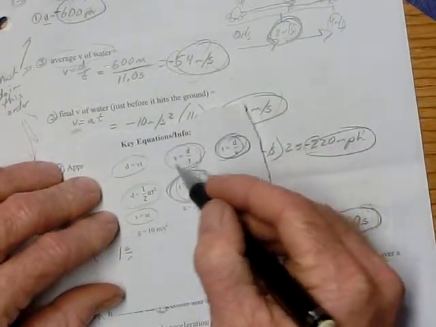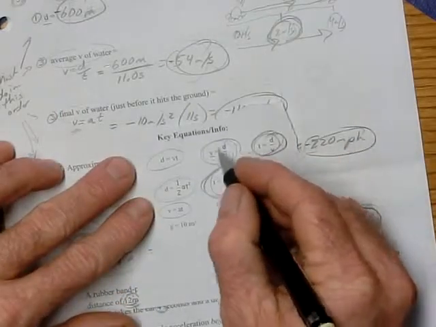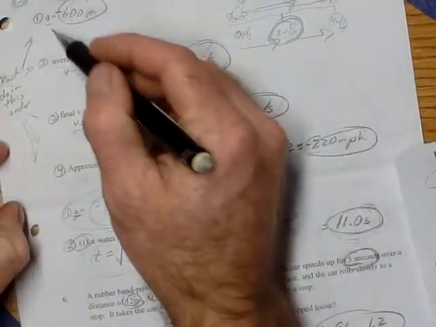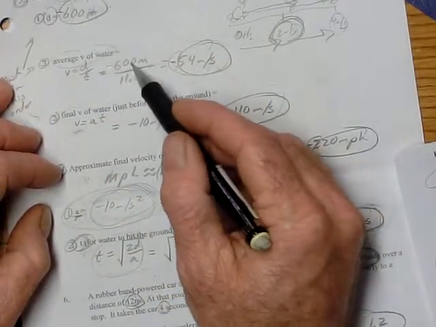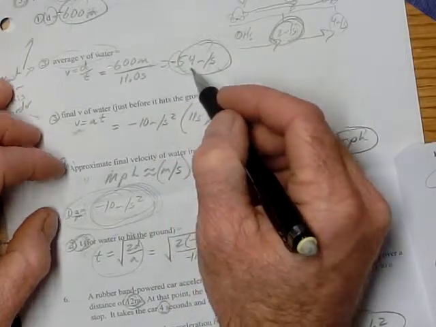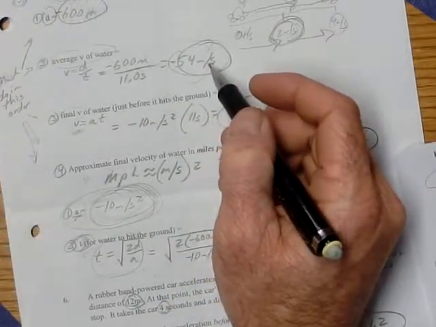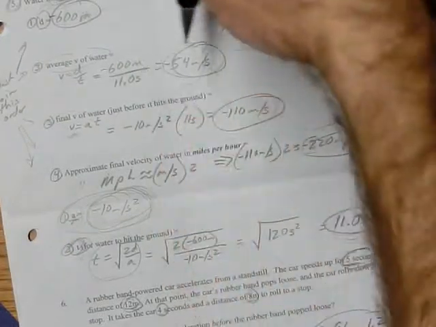That's the first one we learned in this class. It's based on distance and time, which we already have. Substitute in the distance, negative 600, time is 11 seconds, divide them and you get negative 54 meters per second. It's negative because the water is going downward.